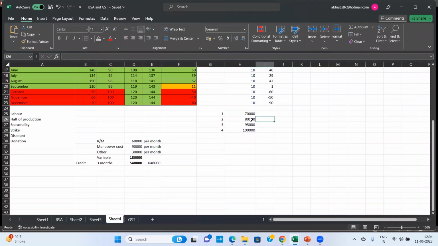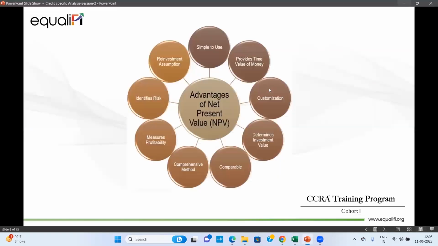But out of which, whatever profit I am getting, that can be reinvested in the project. So there is a scope of doing that also in NPV. Reinvestment. So retained earnings, which are further reinvested into the business, that provision is also there. So here we are calling that the reinvestment assumption.